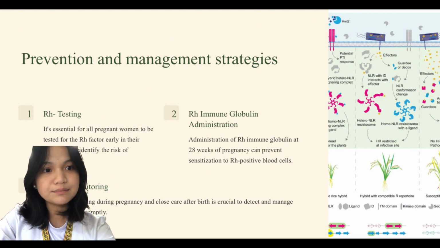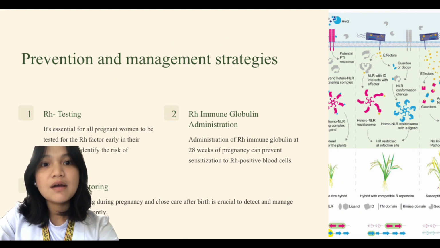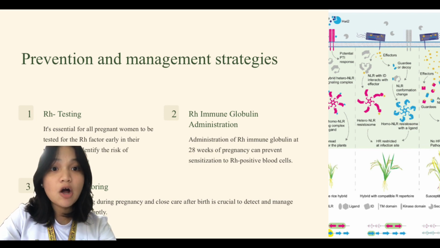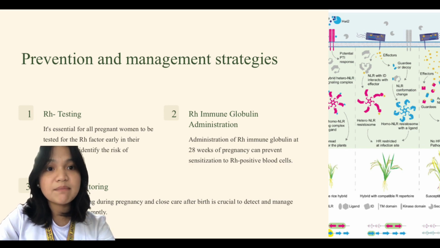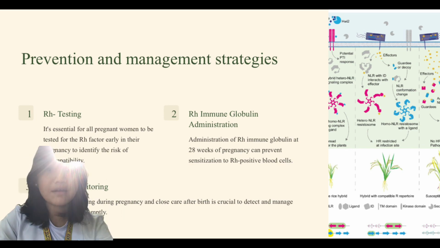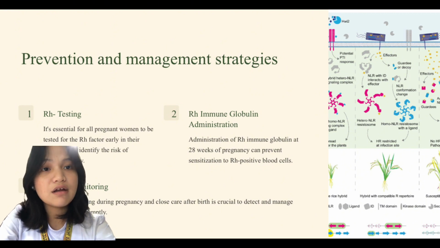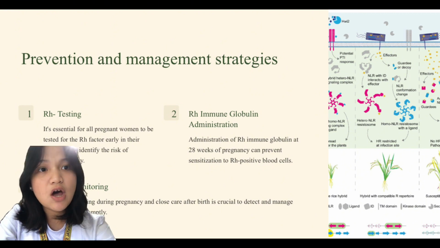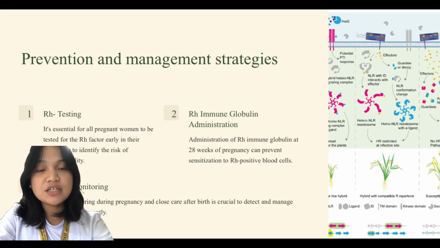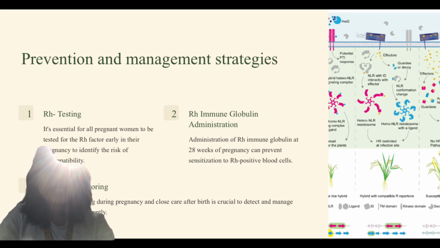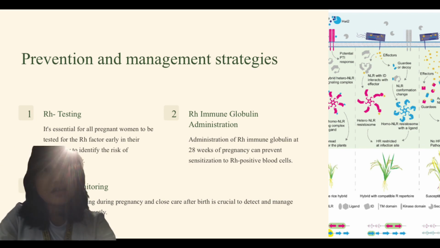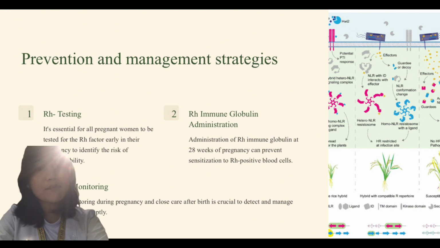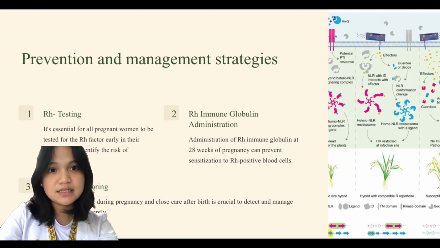So in conclusion, RH incompatibility is a complex yet manageable condition that underscores the importance of medical interventions and prenatal care. Through advancements in healthcare, particularly the widespread use of RhIg, also known as RH immunoglobulin, the potential risks associated with RH incompatibility have been significantly mitigated, contributing to improved outcomes for both mothers and their babies.